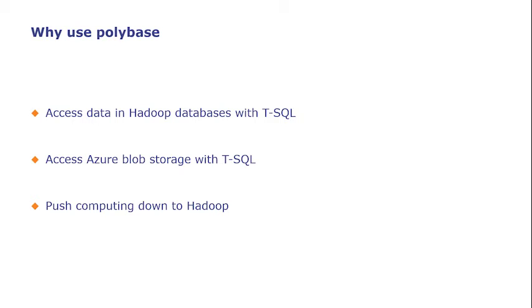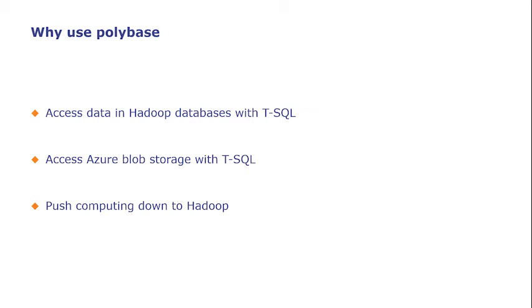So why should we use Polybase? Well, we should use Polybase because we can now seamlessly access data in Hadoop databases with T-SQL. This means that your query is just the same as a normal SQL Server database. You can have a table A in your SQL Server database and table B in your Hadoop storage, and you can just write T-SQL code to access this data.